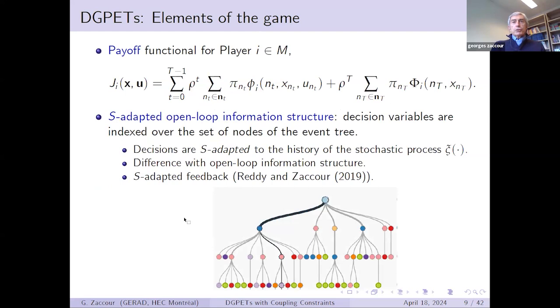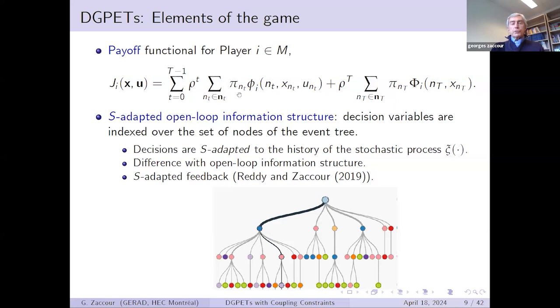The payoff functionals are given by the instantaneous payoff. So this is the payoff that player i will collect at node n_t, given that the state is given by x_nt, and the players are implementing this control vector. π_nt is the probability of being at this particular node.